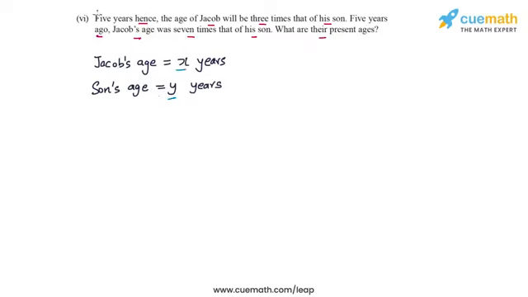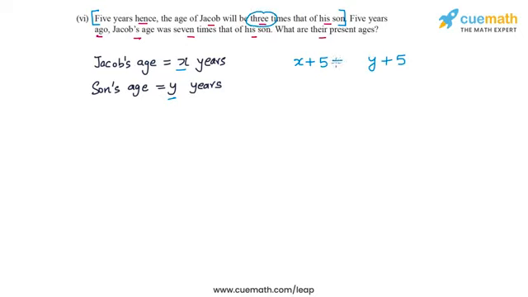Now the first piece of information says 5 years hence the age of Jacob will be 3 times that of his son. So 5 years hence, or 5 years from now, or 5 years later, Jacob's age will be x plus 5 and his son's age will be y plus 5, and the statement says that Jacob's age will be 3 times that of his son's age.